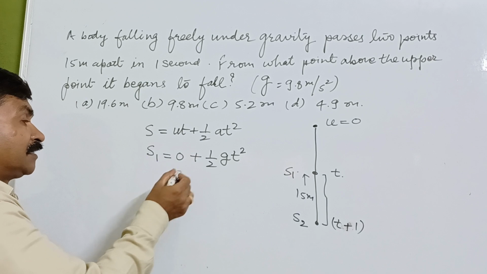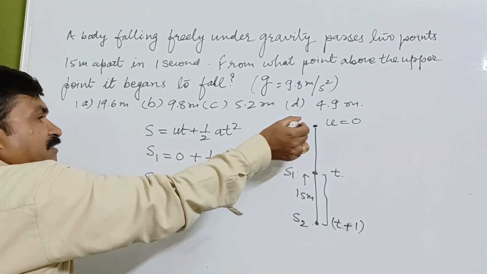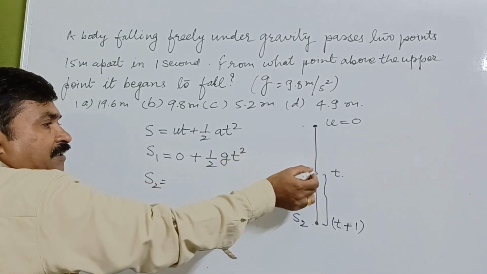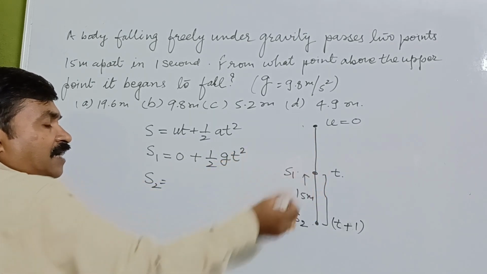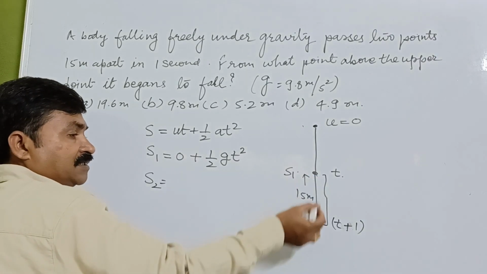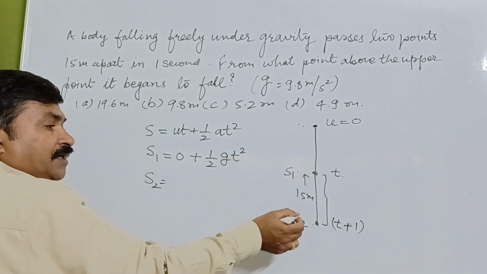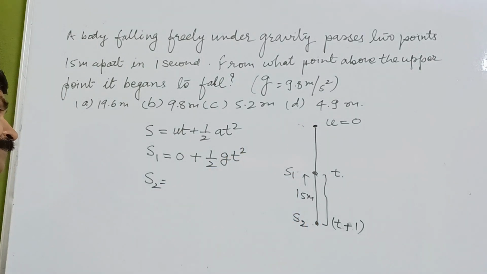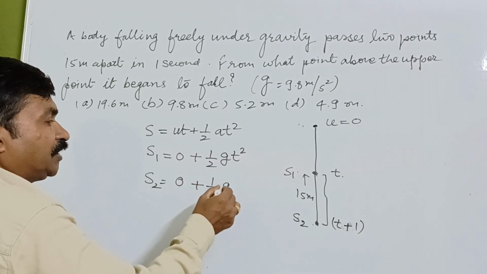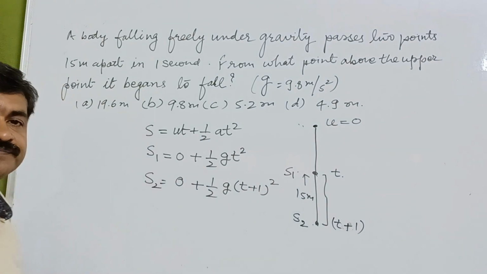Now if we take another for this S2, again the initial velocity is 0. We have taken that it is reaching this point at time t, and after that in 1 second it is reaching here, that is S2. So t plus 1, initial velocity 0, 1 upon 2 g into t plus 1 square.